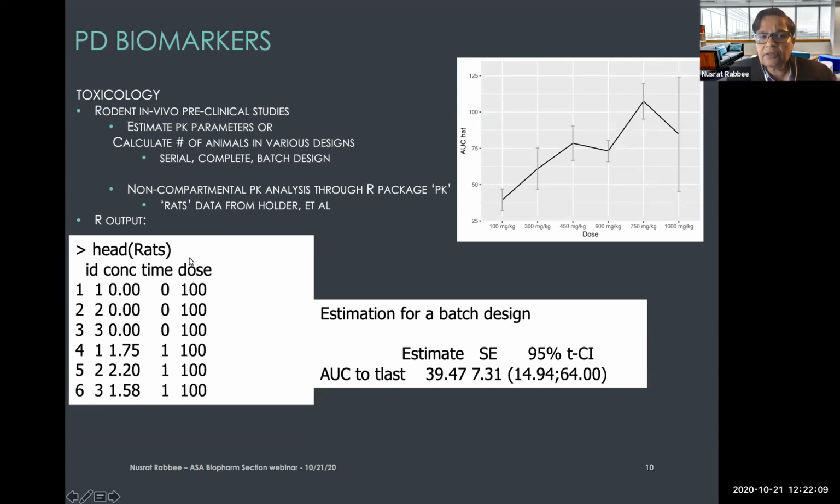The data is read in, and the code is given in the book to estimate the AUC, the SE, and the confidence interval. I also go over the Holder et al. calculation.